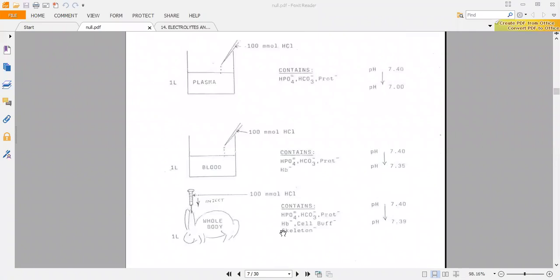But if we take the whole organism, you notice that even when you inject the person with 100 millimoles of HCl, the pH changes from 7.40 to 7.39, because the more buffer systems you add, the better the organism's ability to resist the change in pH. So that's a very important concept that you should note.